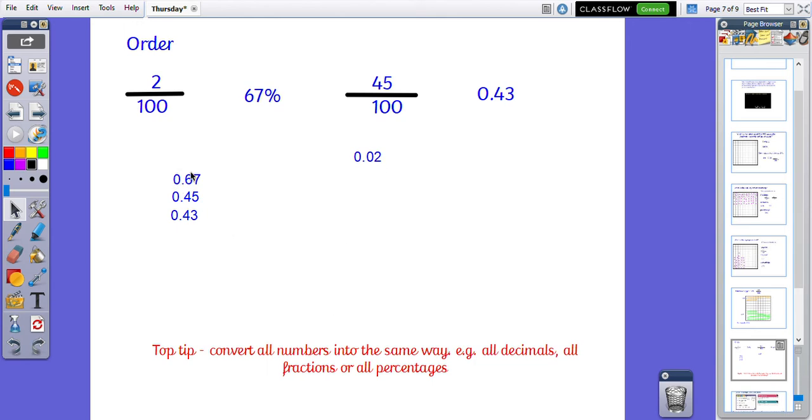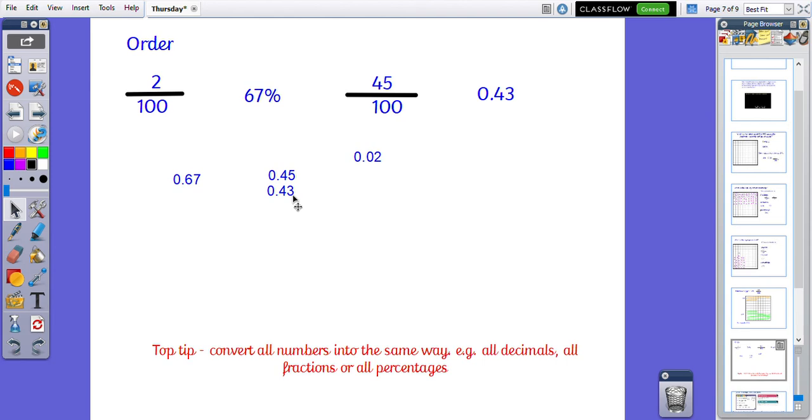Okay, then I can see I've got a 4 and a 4 in my tenths column, but I can't put those in ascending order just using the tenths column, so I need to use a hundredths column now to help me. So they've both got 4 tenths, so this one has 5 hundredths and this one has 3 hundredths.